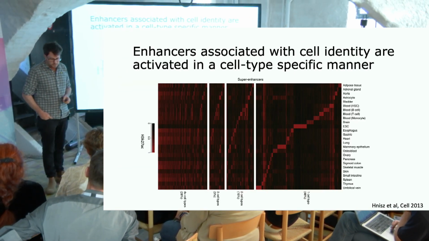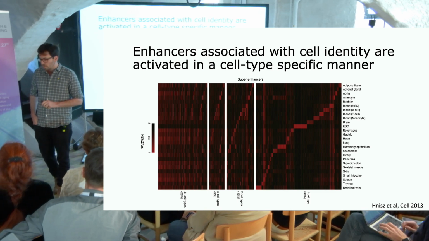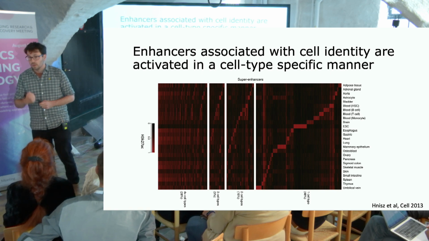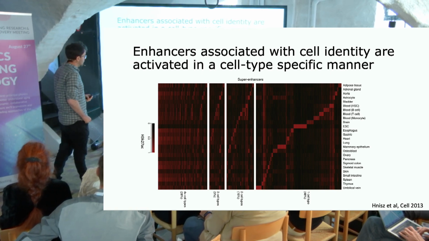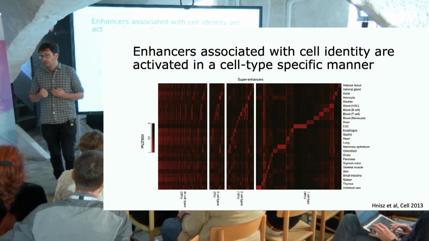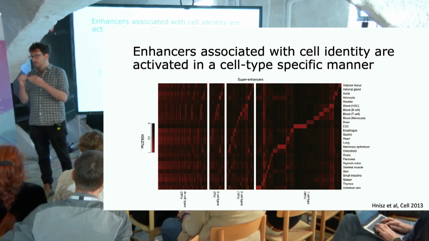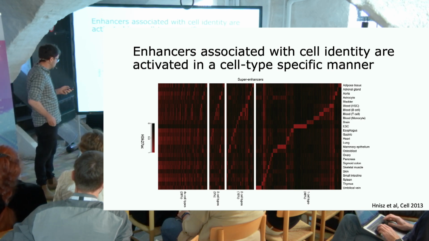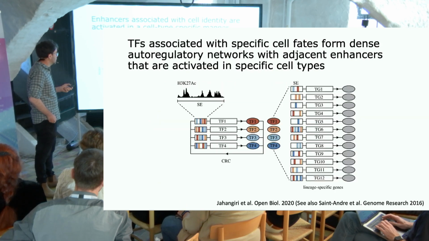Okay, so this whole network is very complicated, but what we can do is try and simplify it by looking at the actual experimental observations on this process. What we know is that the enhancers that are associated with cell identity tend to be activated in a very cell type specific way, so only activated in maybe a single cell type, or one or two cell types.